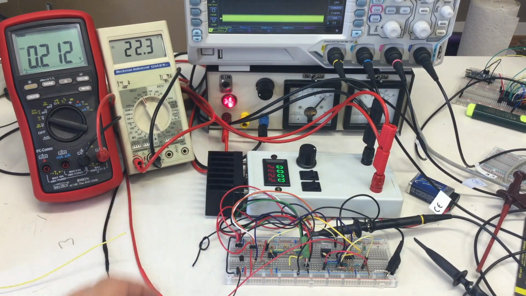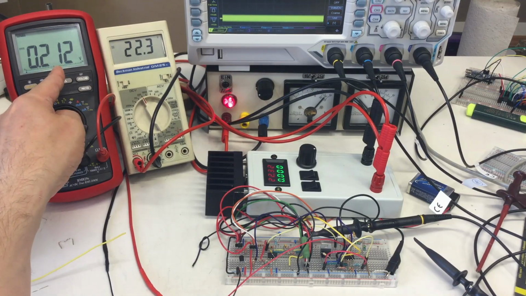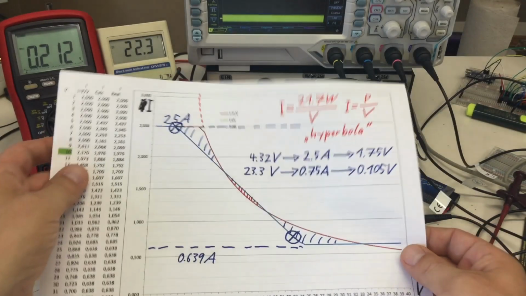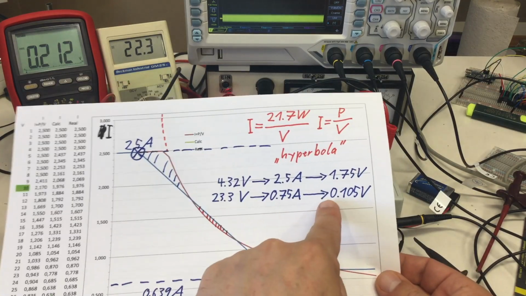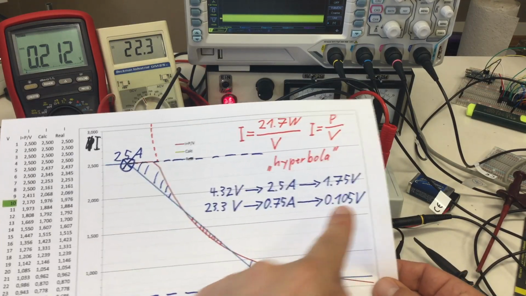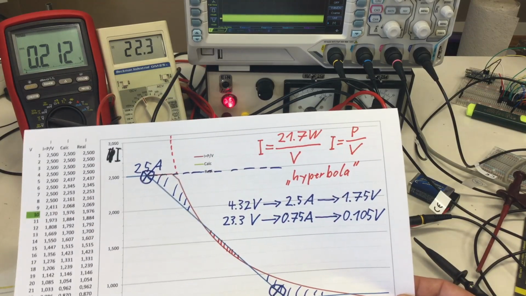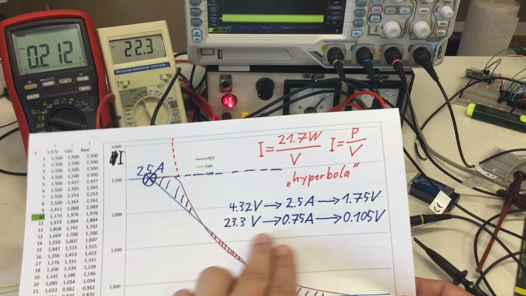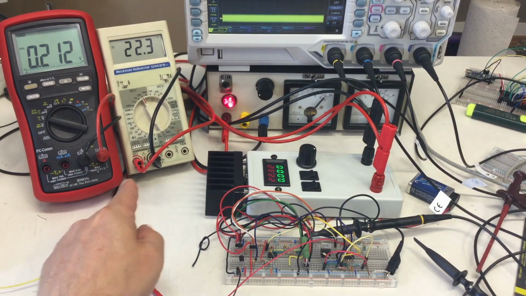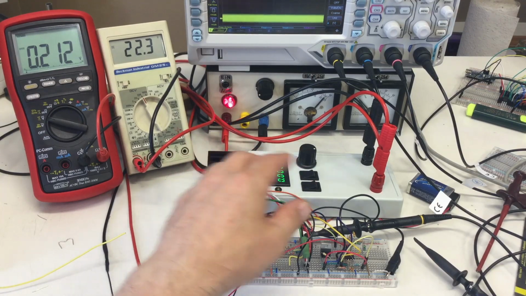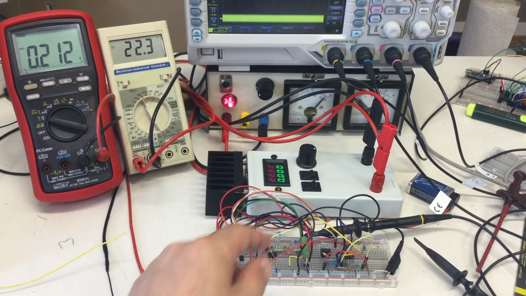Almost, and we are down to 0.21. And at 23.3 we should finally be at 0.105, dragging the current down to 750 milliamps. So at least the output of the op-amp works fine.